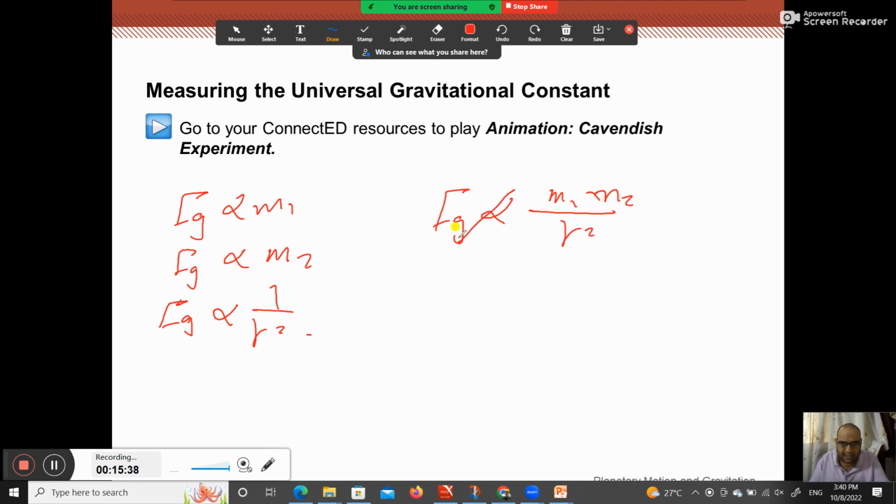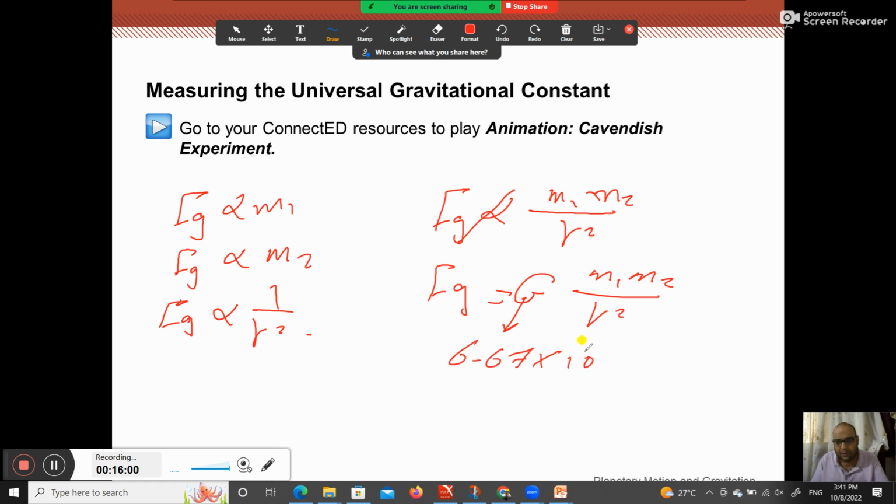To remove the sign of relation and put equal, we have to put a constant. So the constant here is G. Fg equals G multiplied by m1 times m2 divided by r squared. G is a constant, the universal constant of gravitation, and it's equal to 6.67 times 10 to the power negative 11 meter squared kilogram minus 2, second minus 2.